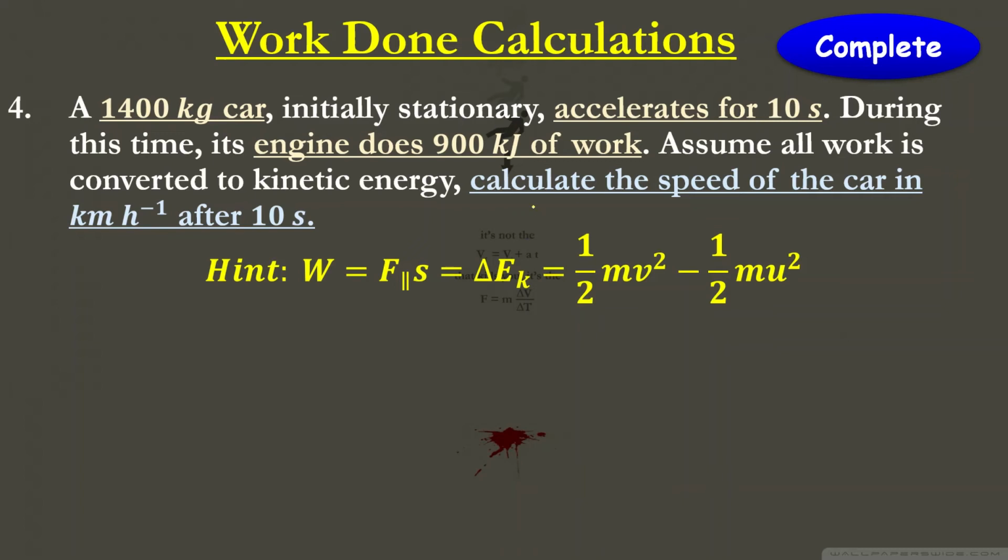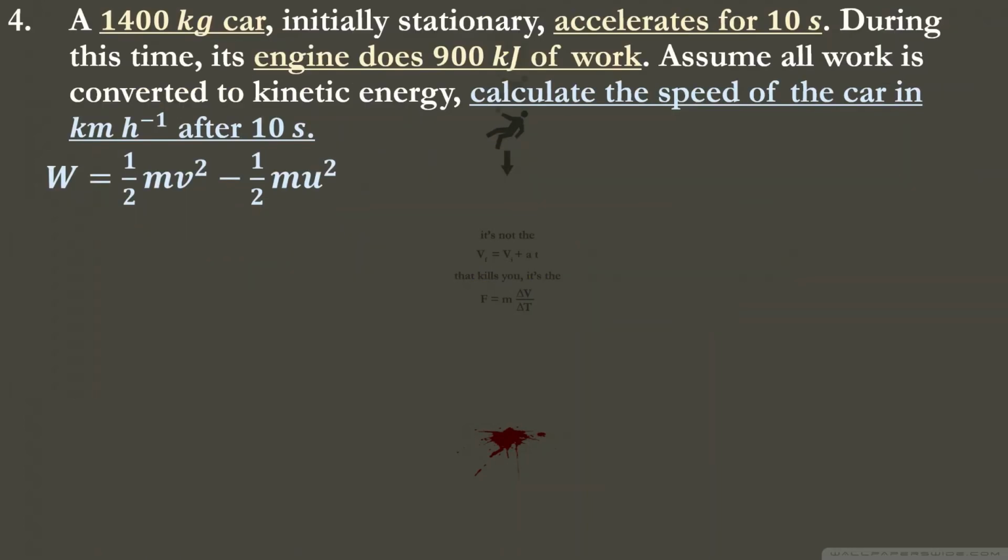So the question says we need to calculate the speed of the car in kilometers per hour after 10 seconds. Okay, so I don't think I ended up doing kilometers per hour, but let's see what we did here. So if we look at the question, the mass m is 1400 kg.